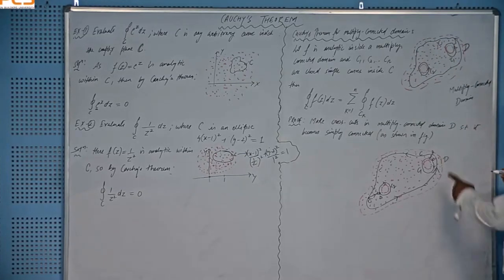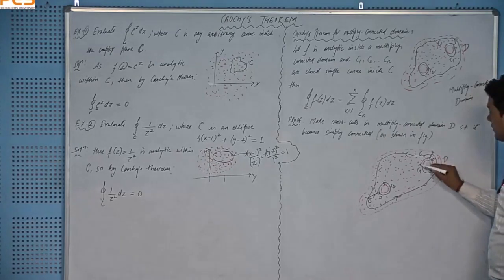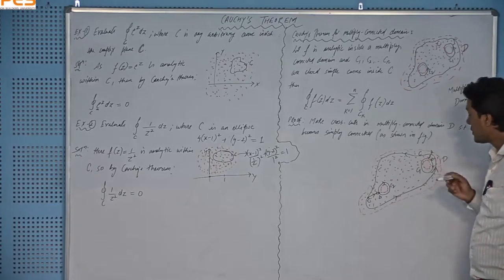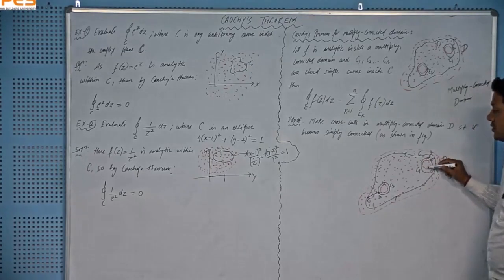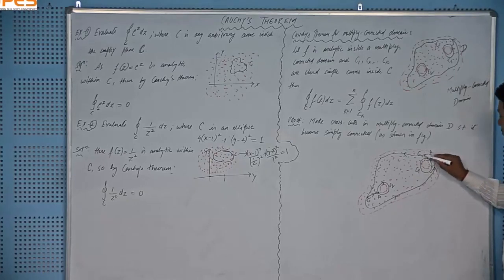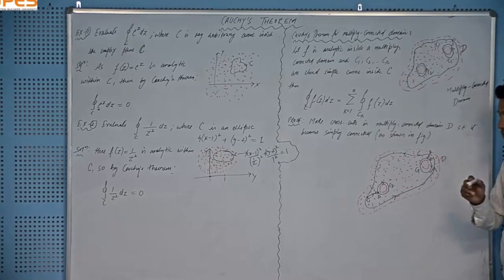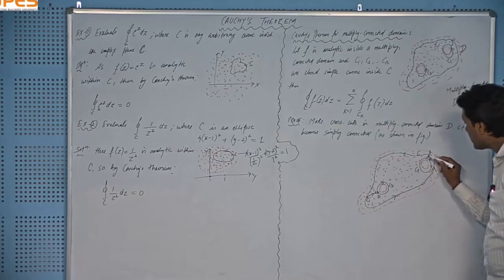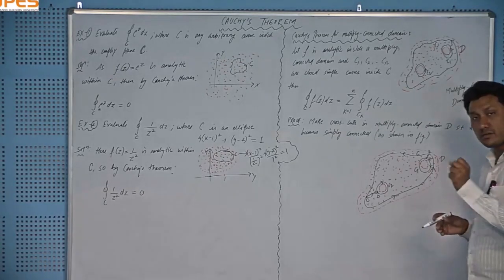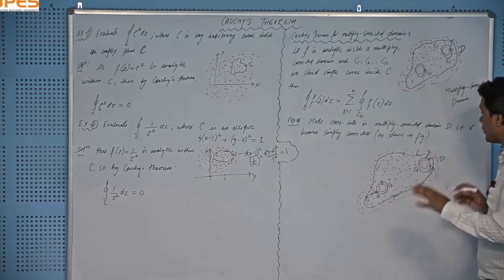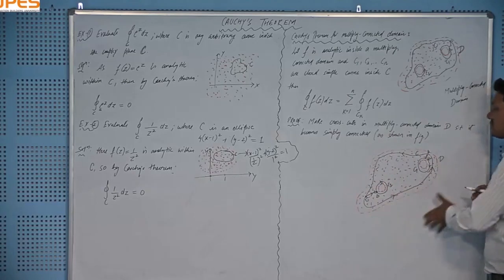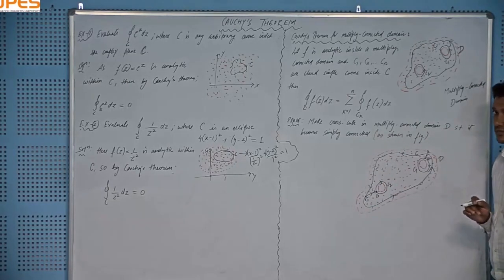But in this picture, you cannot put a closed curve enclosing this hole or this hole, because you have made a cut here. You cannot put a closed curve like this. You have to put that closed curve either on the left of this cut or on the right of that cut, and in that case, shrinking that closed curve will not leave the domain D, meaning that this picture has now become simply connected.